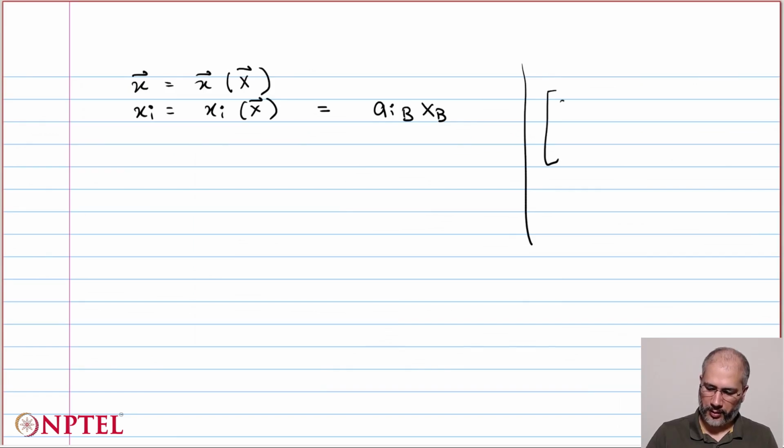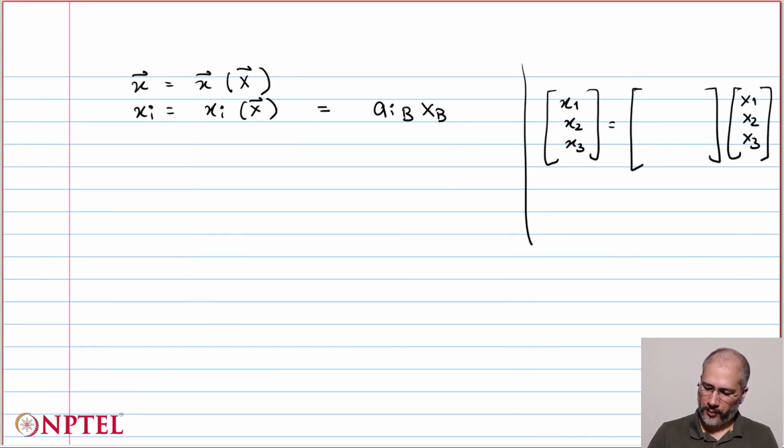So our small x1, small x2, small x3 was written as a transformation matrix times capital X1, capital X2 and capital X3. And since we're talking about a pure rotation, this is our rotation tensor R. We have discussed rotation transformations when we discussed the tensor transformation properties. So this is something which we called the matrix A earlier. That's the reason I've written an A. So A corresponds to a rotation.